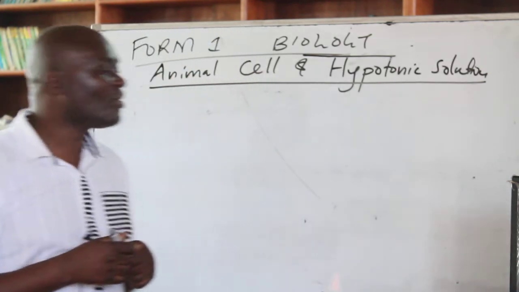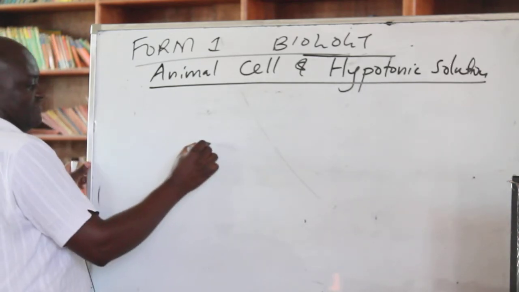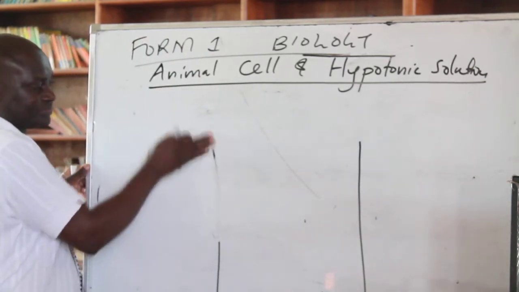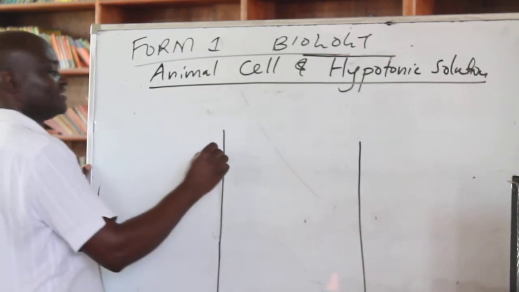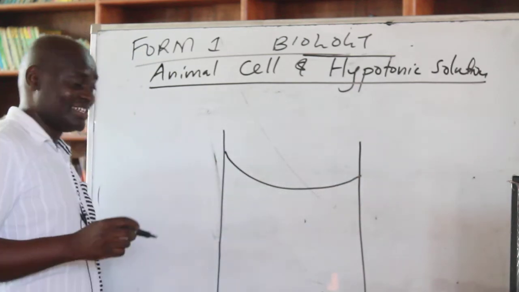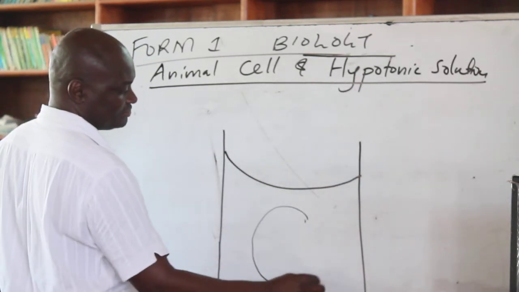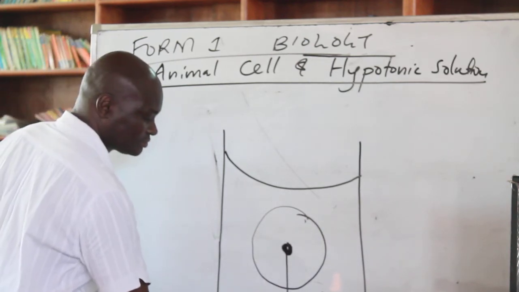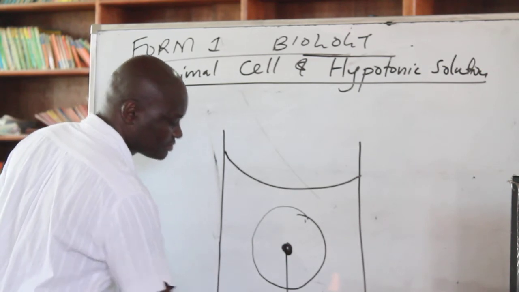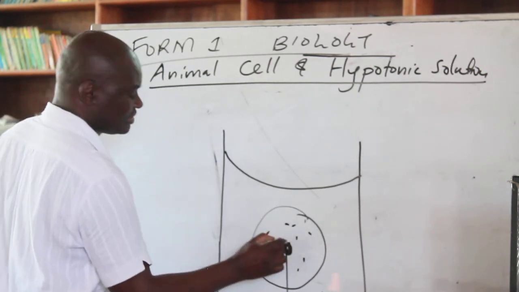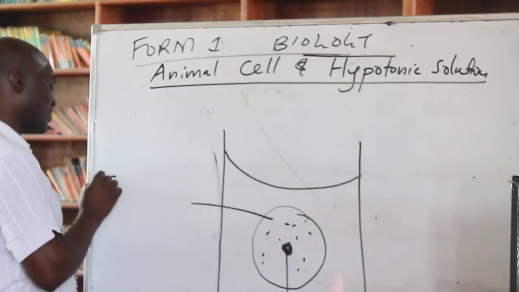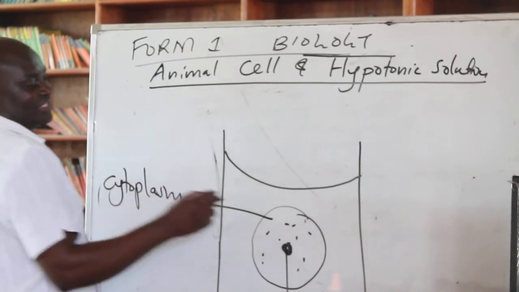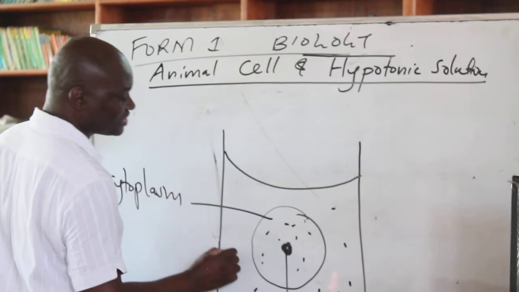Now, when we talk of hypotonic, if this one is our beaker, then let's say we have our cell, the nucleus, and then we have the cytoplasm. Then we have the water, the solution.